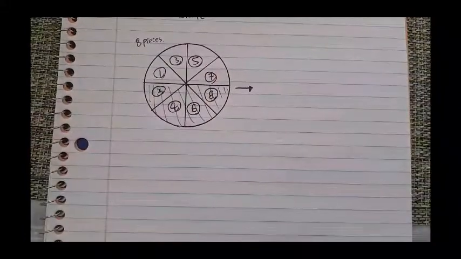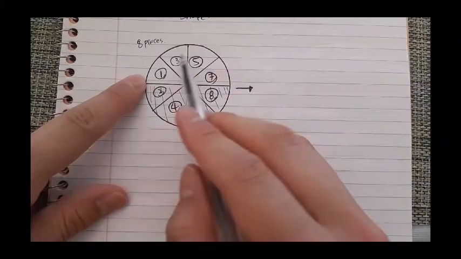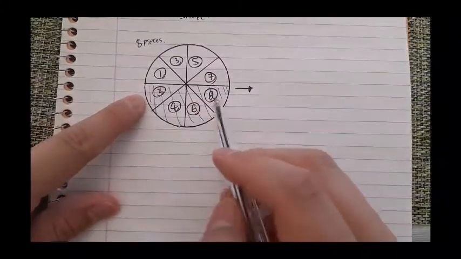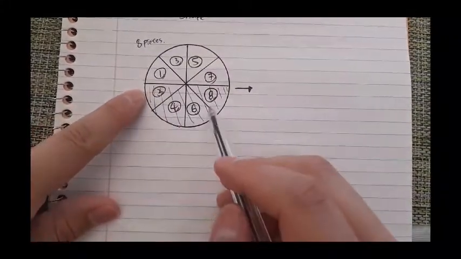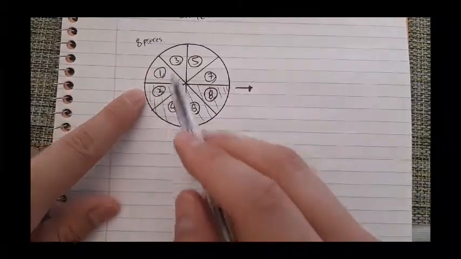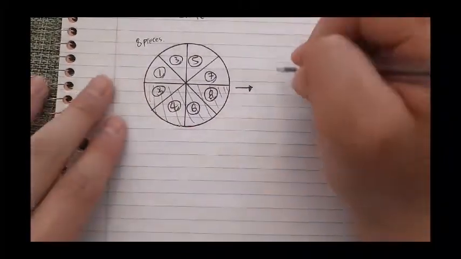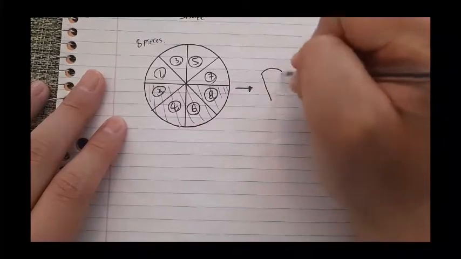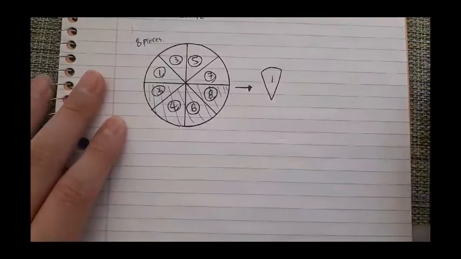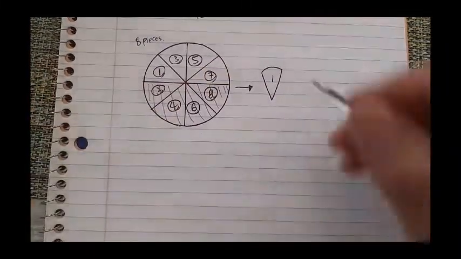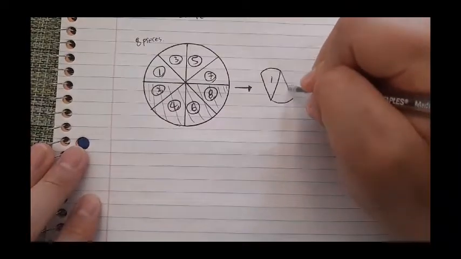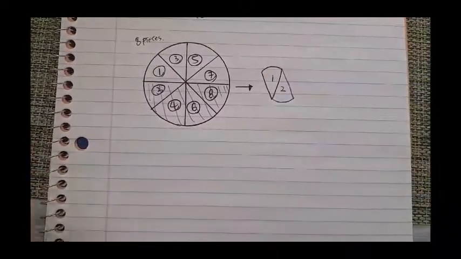I am going to put 1, 3, 5, 7 and 2, 4, 6, 8, which is odd numbers on the top, even numbers at the bottom, and alternate 1 and 2 and 1 and 2 together. So it is going to look like this. One side of the pizza. And now when it comes to 2, that will be my second pizza.